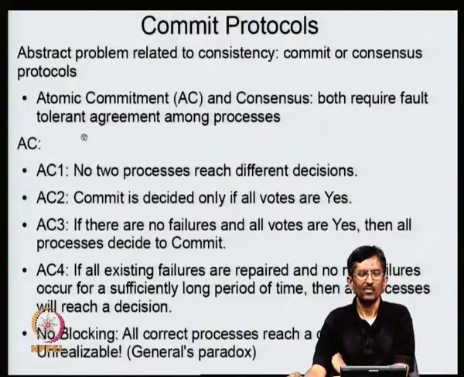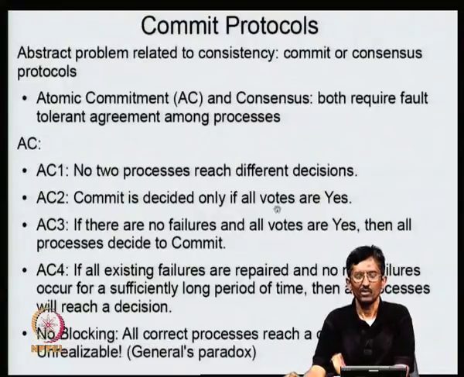So, what are the kinds of properties that you may want to have for atomic commitment? The first obvious thing is no two processes reach different decisions. Either everybody has agreed to yes or everybody agrees to no. One of these things. This is fairly straightforward. Commit is decided only if all votes are yes.